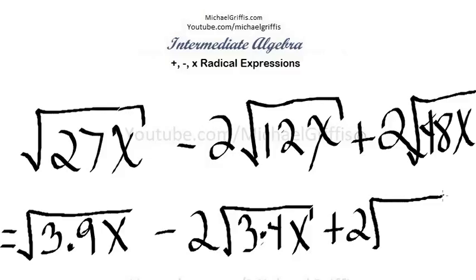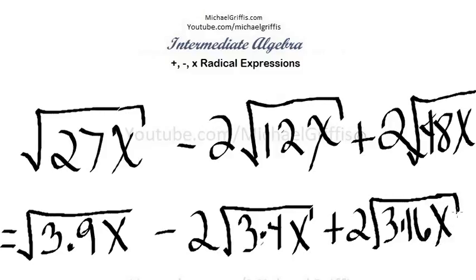Let's see, 2 times 3 is 6, 2 times 8 is 16. So 3 times 16. 3 times 16 is 48. So that's what we're going to write. We're going to write 3 times 16x.